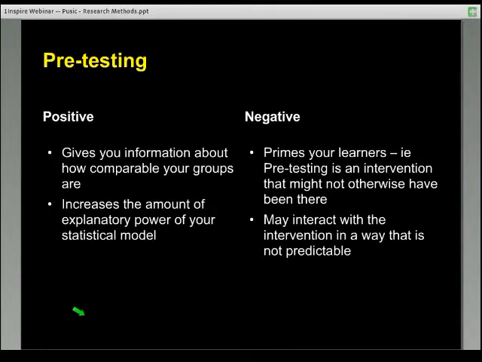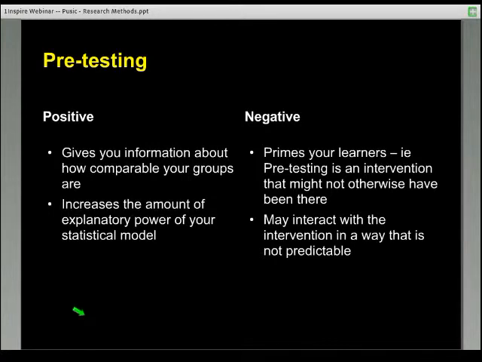The problem is that the pretest may interact with the intervention in a way that you have no access to. You have no idea how the pretest primed the person and how it set them up, and so it may advantage one of the two groups that you're trying to contrast.